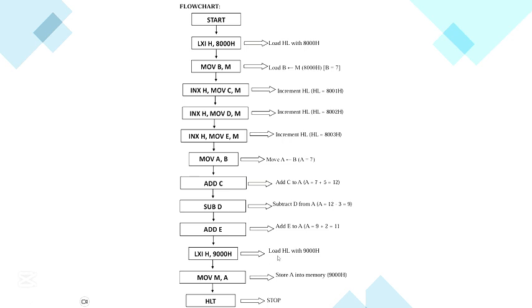Our final answer will be there. We want to store the final result there, so move A to M: store the value in accumulator A, which is now 11, into memory location 9000H. Then lastly, it's the halt, where we end the program using HLT.